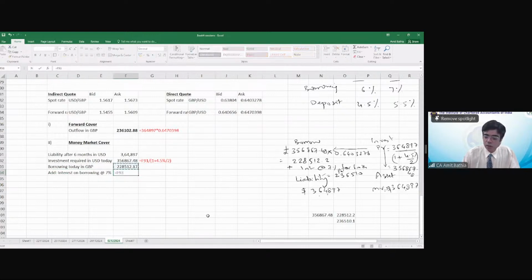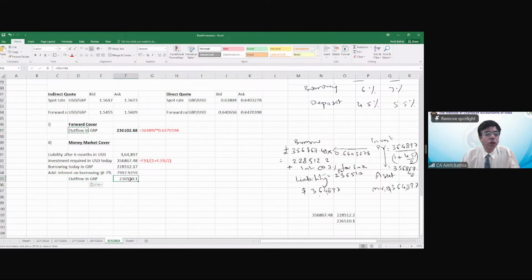So that will be this into 7% divided by 2. So I'll get the total outflow as 236,510, right? That is my outflow in GBP.